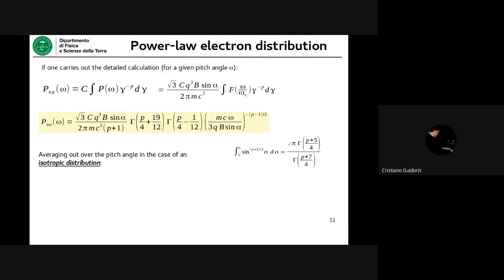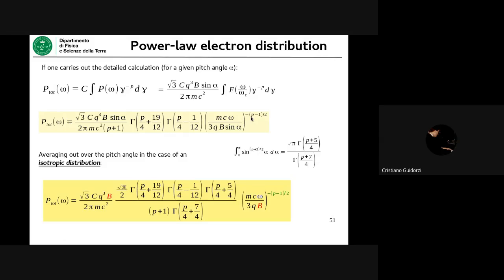Well, again, in this case, the calculation is more complicated because you see that the sine of the pitch angle also gets through a power dependence on P. So using this result, which of course I'm not going to prove, so the average, this integral depending on P, on the P power, is just this combination of gamma functions, you end up with this result. So this is the same guy averaged out for an isotropic population of electrons.